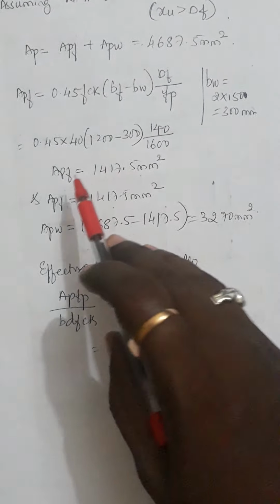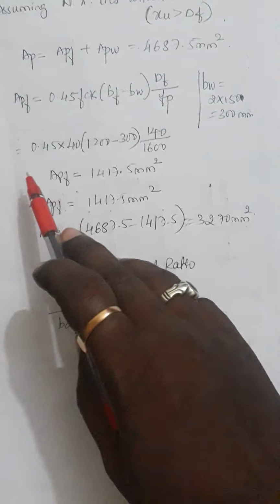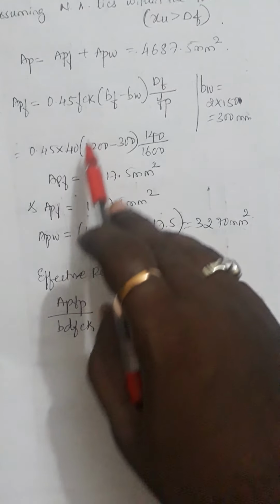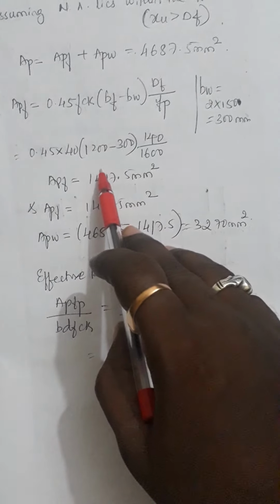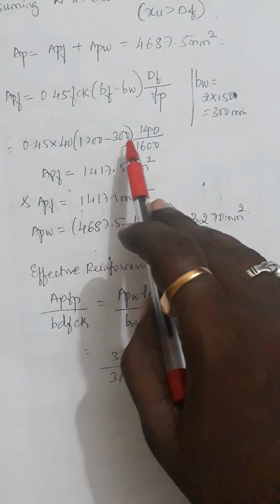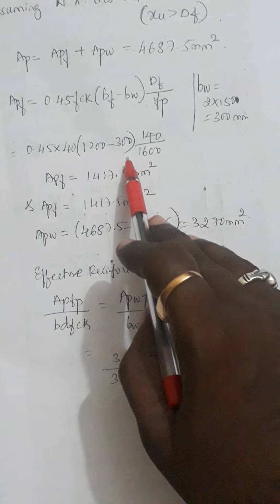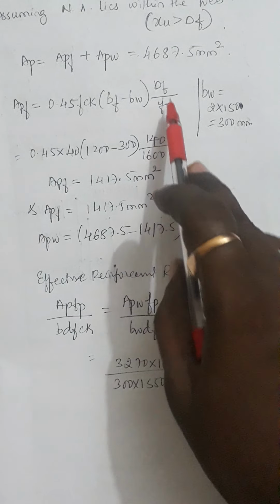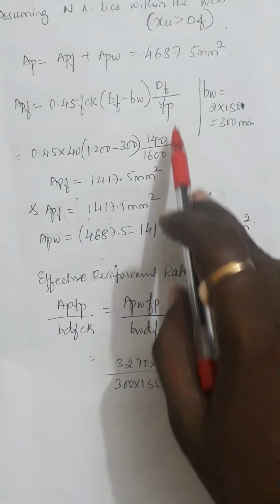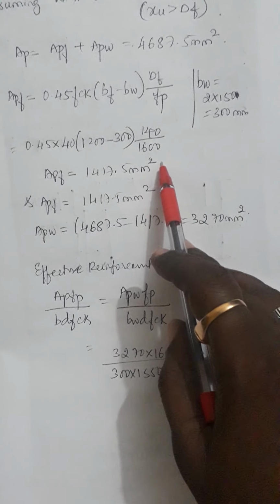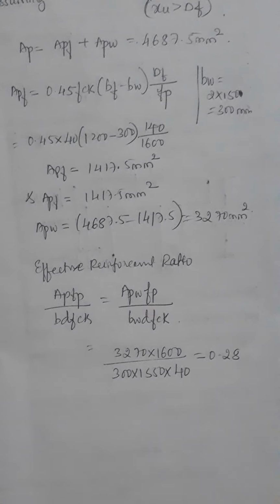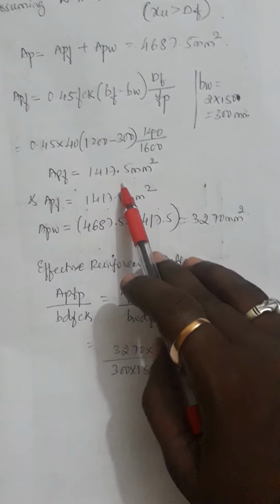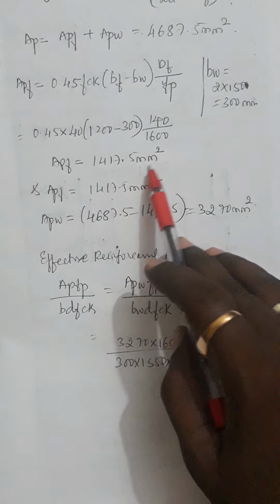Putting the values in the formula, 0.45 FCK with FCK equal to 40, breadth of the flange 1200 mm, breadth of the web 300, depth of the flange 140, and FP is 1600. Therefore APF equals 1417.5 mm square.